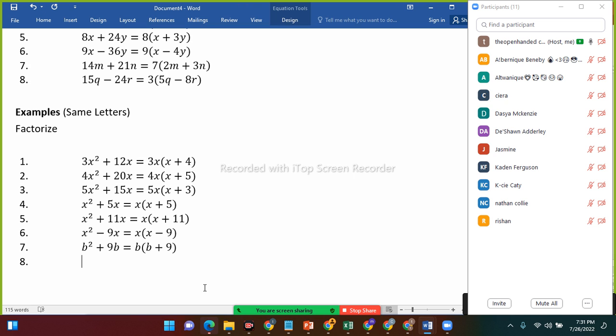Alright, what if we have 5x minus x squared? So this one is going to go for Casey. So how would we factorize this, Casey? 5x minus x squared.